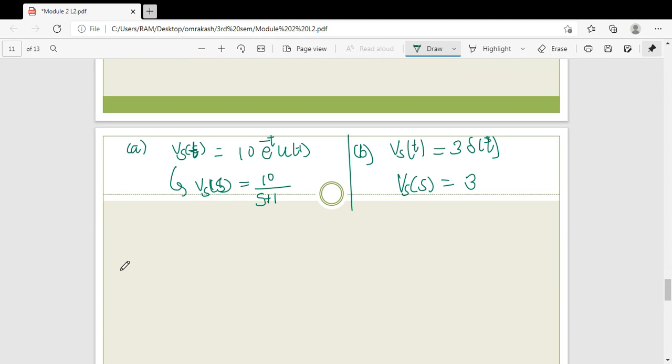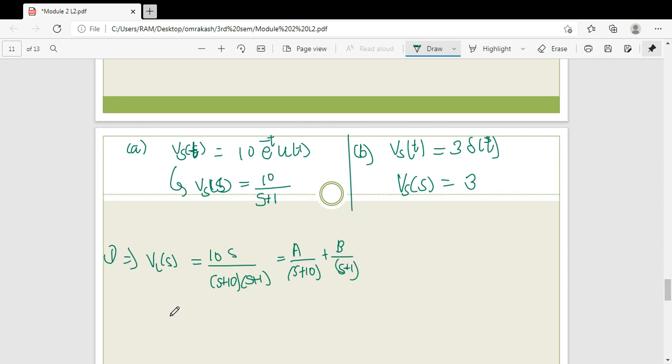Let this equation be equation 1. Rewrite it: VL of s is nothing but, when you put that value, you will get 10s by (s plus 10)(s plus 1). Now solve this in partial fraction form, that is A divided by s plus 10 plus B divided by s plus 1.